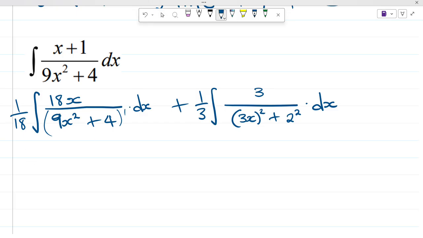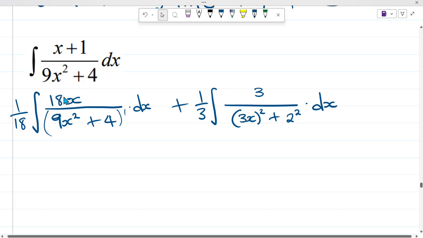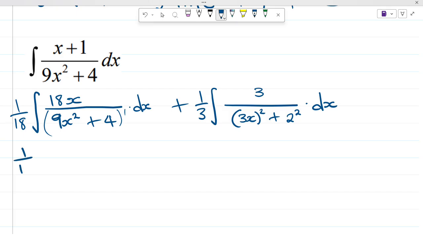So now we can integrate. When we have the derivative of the denominator on our numerator, and the denominator is 9x squared plus 4, we can conclude that this is the natural log of 9x squared plus 4. And then plus, we take the 1 over 3 for this other side.